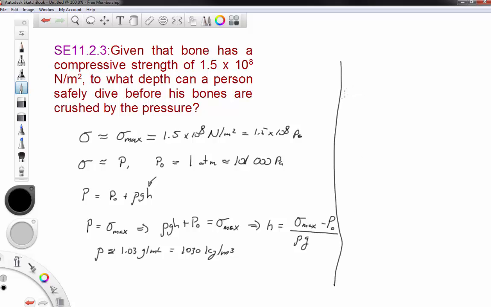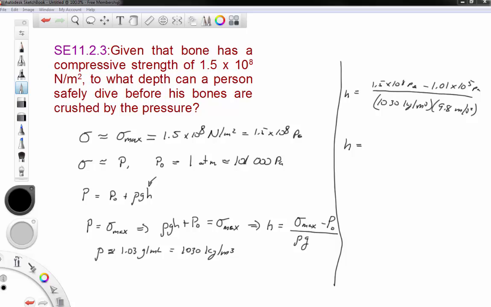And so this means that the depth that we're allowed to go to looks like 1.5 times 10 to the 8 pascals minus 1.01 times 10 to the 5th pascals divided by 1,030 kilograms per meter cubed times 9.8 meters per second squared. So this means that the maximum depth to which you can dive is about 14,850 meters.